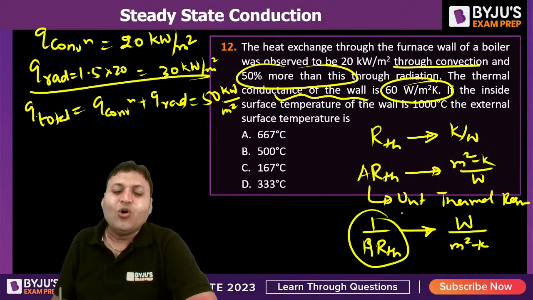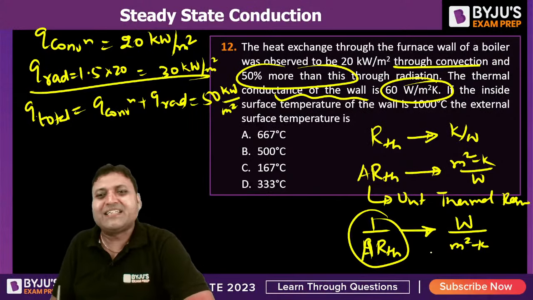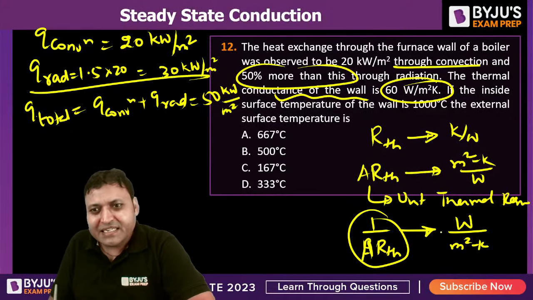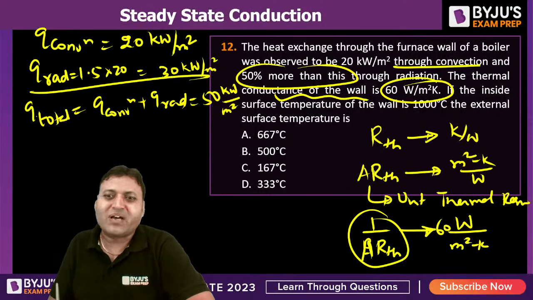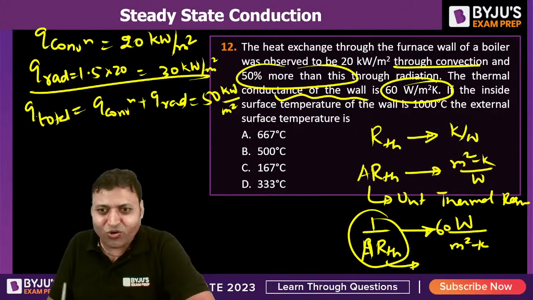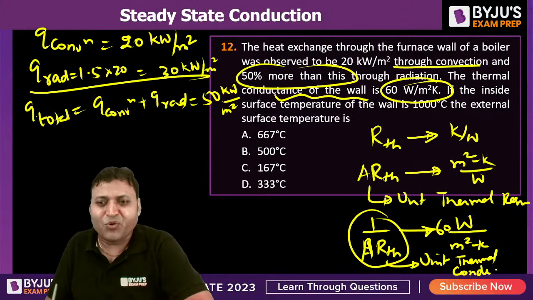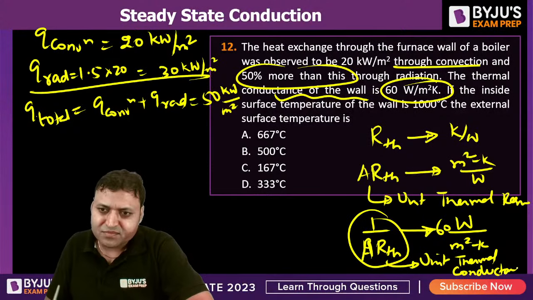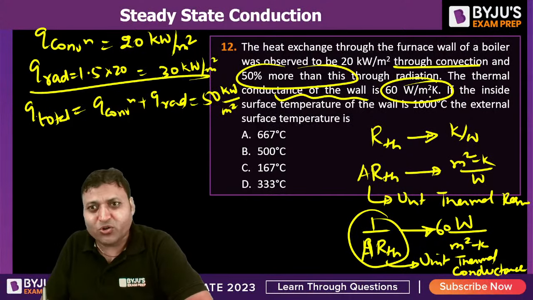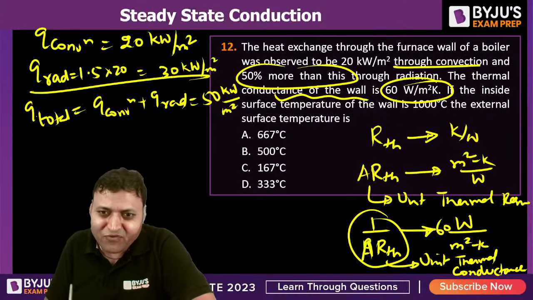So it is 1 upon A into Rth, that is 60 watt per meter square Kelvin. You can call it unit thermal conductance. The reciprocal of thermal resistance is conductance, but because meter square is also used, it is multiplied with area.